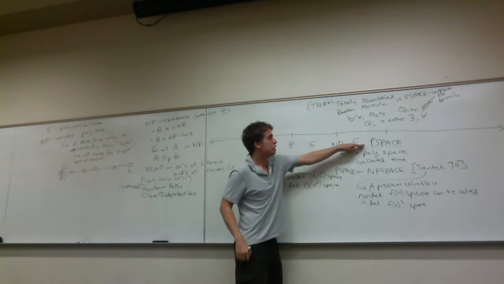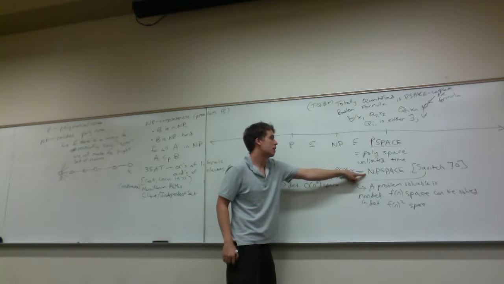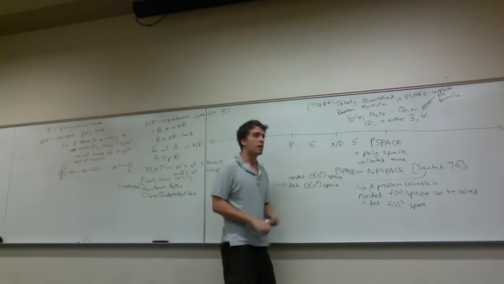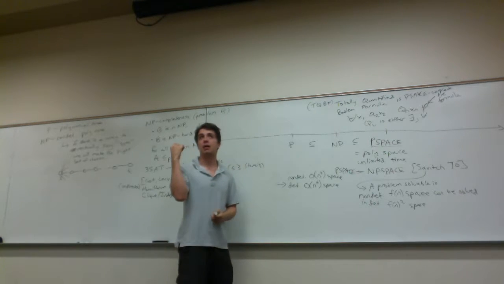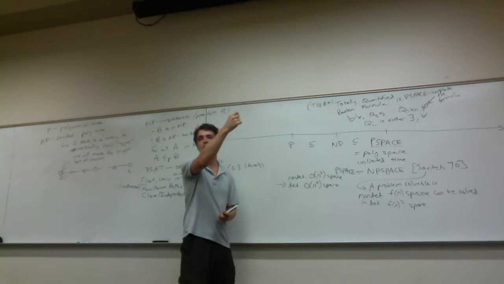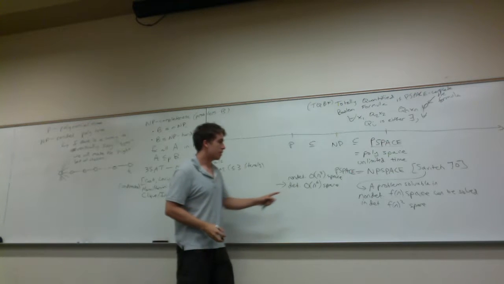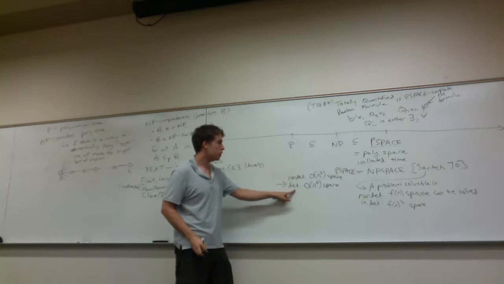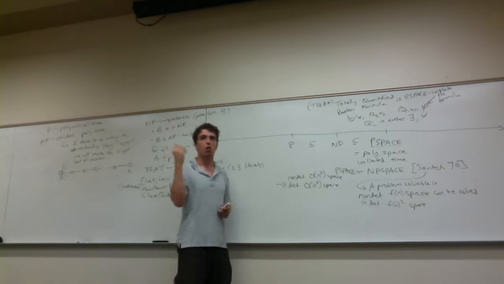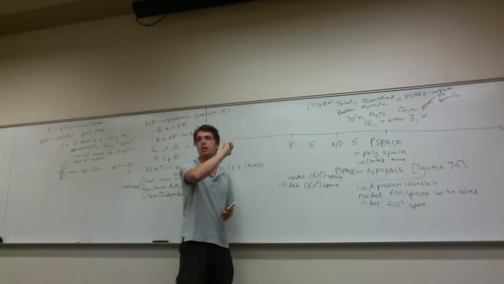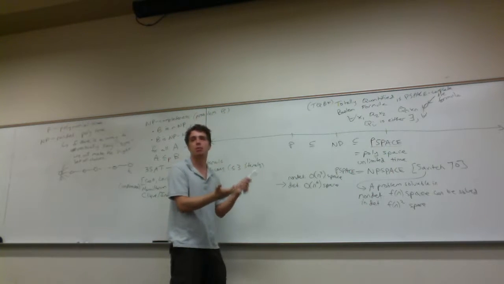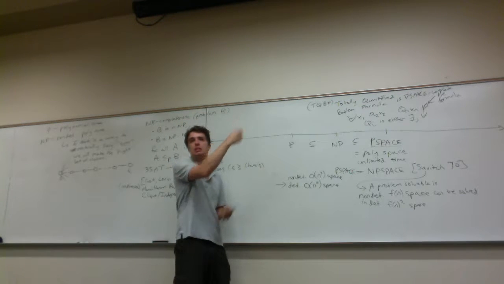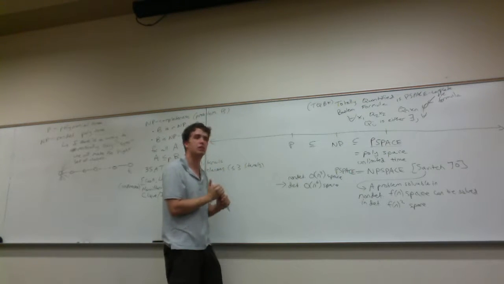If you have a non-deterministic polyspace algorithm, that means you run in space n to some constant k. Then by Savitch, you can convert it to a deterministic O of n to the 2k space algorithm, which is still polynomial because it's n to some constant. It's a larger constant, but it's still a constant.